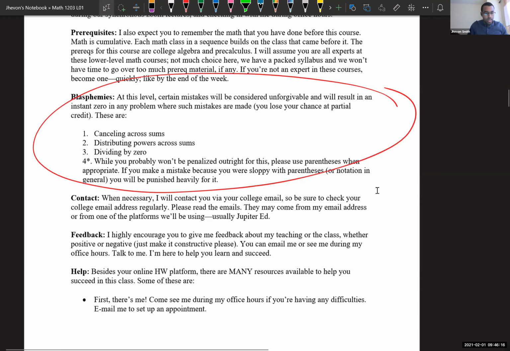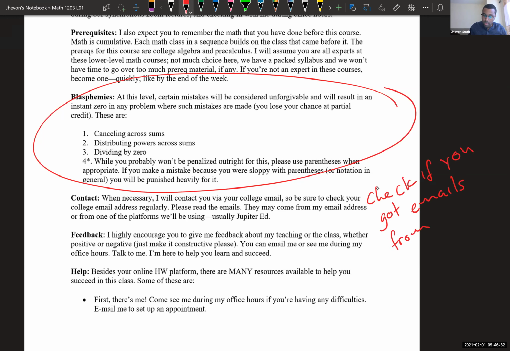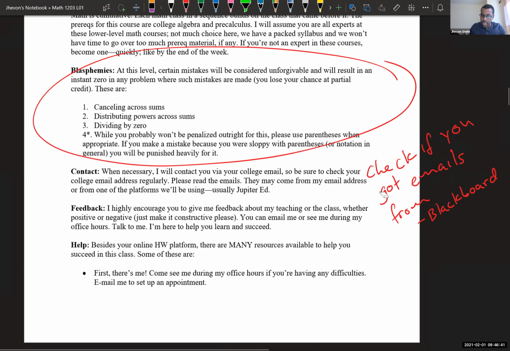So let me actually write that down. Check if you got emails. It's very important that we keep the line of communication open from Blackboard. I'm not going to use Blackboard very often, but just because it's an online class, I wanted to use all the avenues to kind of get the word out. You should have gotten an email from me at some point, jsmith306.